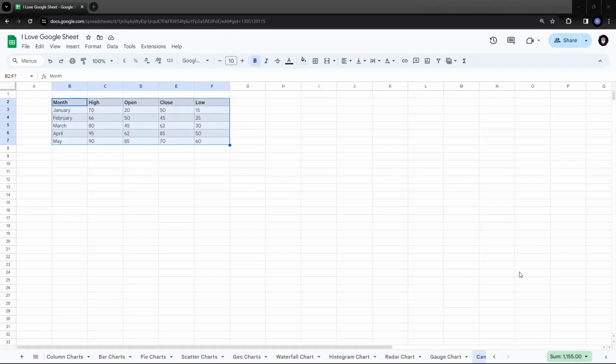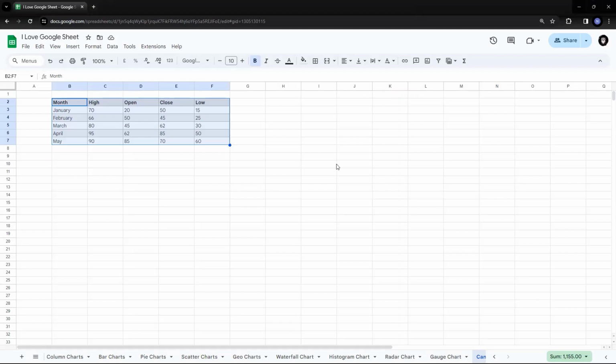This kind of chart is very useful in interpreting the highs and lows of a particular thing, because it gives you a clear picture on how it looks like, and it also provides you the minimum and maximum for a particular entity.